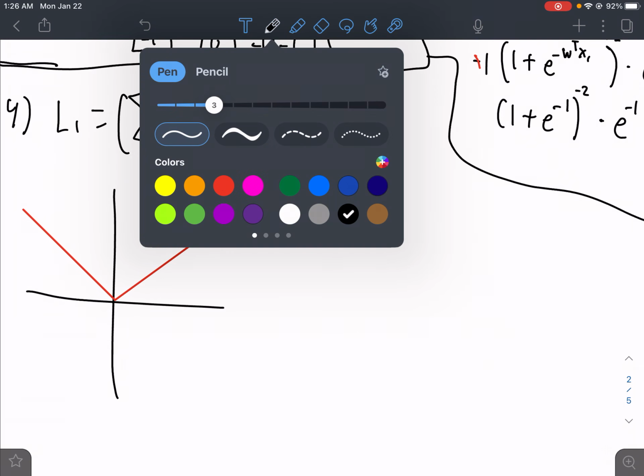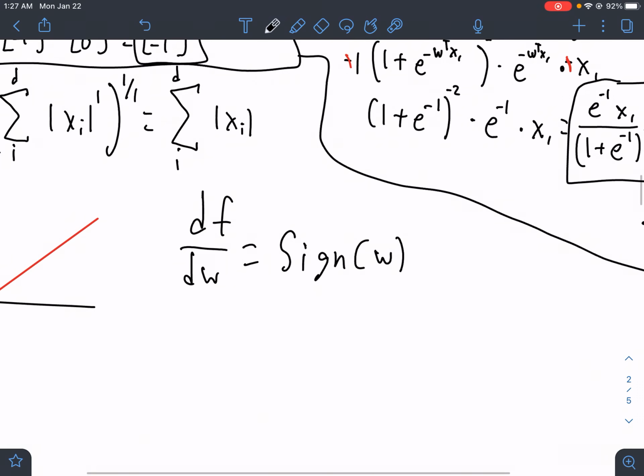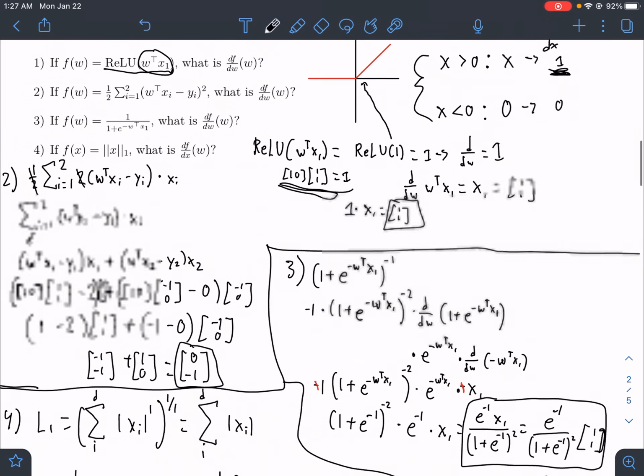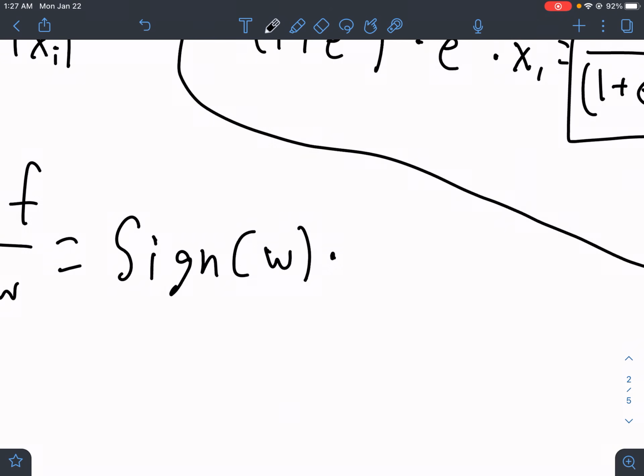So in reality, our derivative is actually just equal to the sign of w. But then we also need to chain rule it. And our interior is just x, or in this case, w, because w is the input. So that would just be times 1.